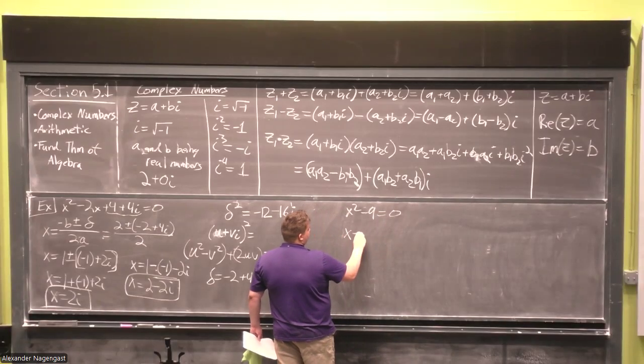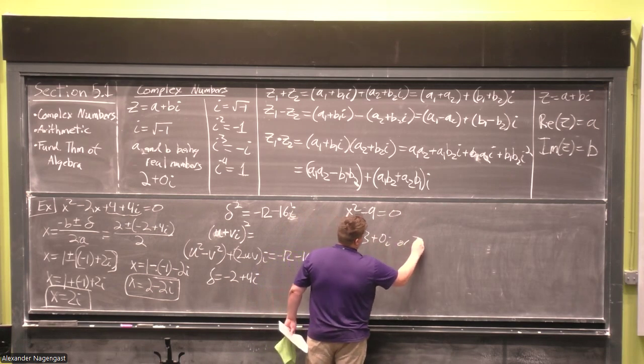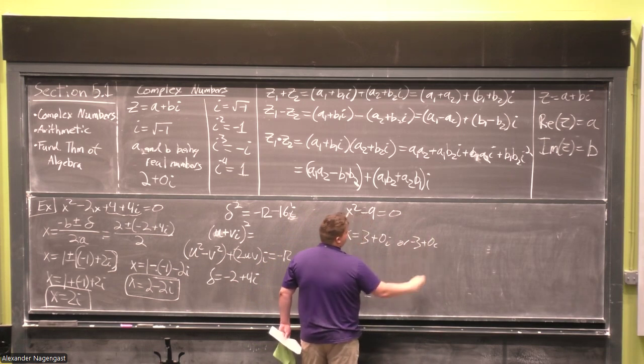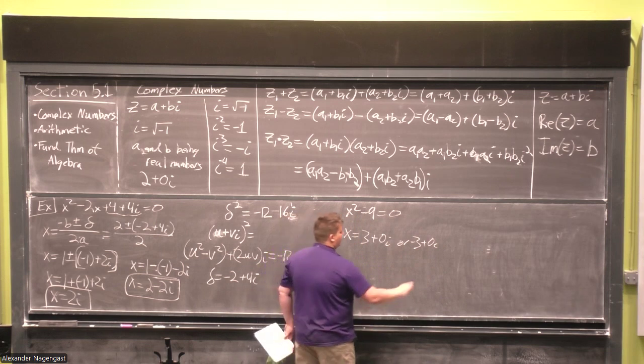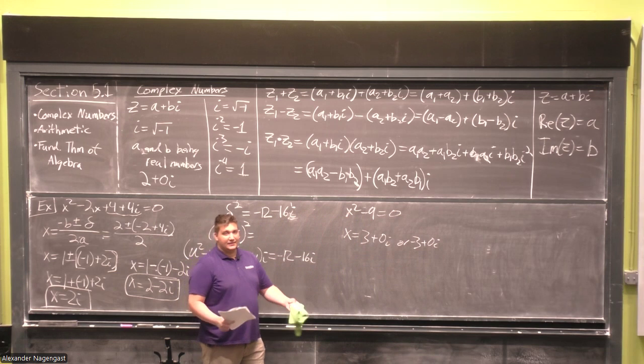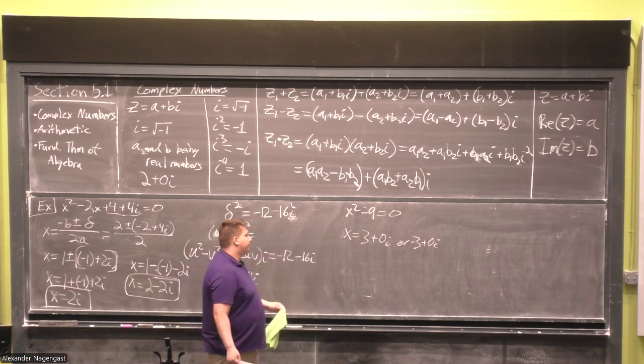We have x is equal to 3 plus 0i, or 3 minus 0i, or negative 3 plus 0i. So either way, that's still a complex number. It's just a real number written in complex form.